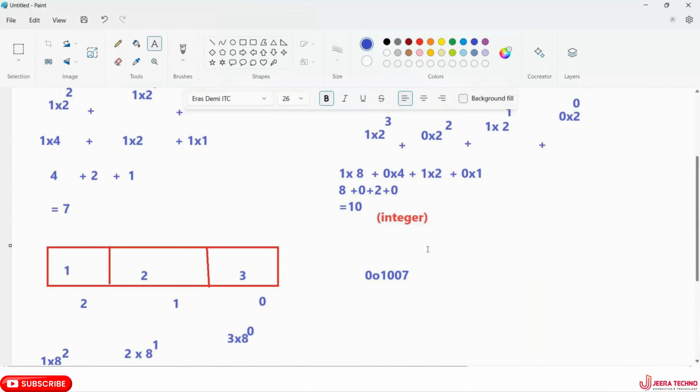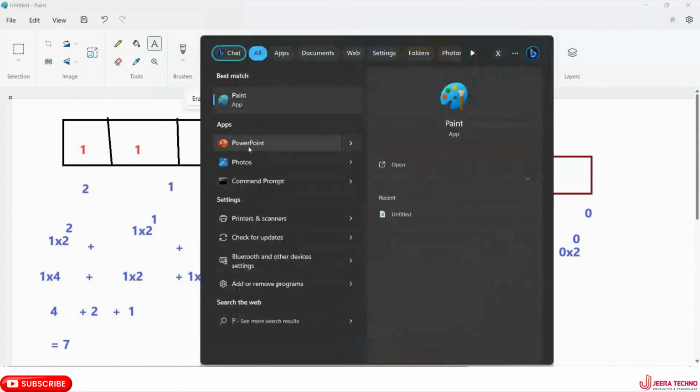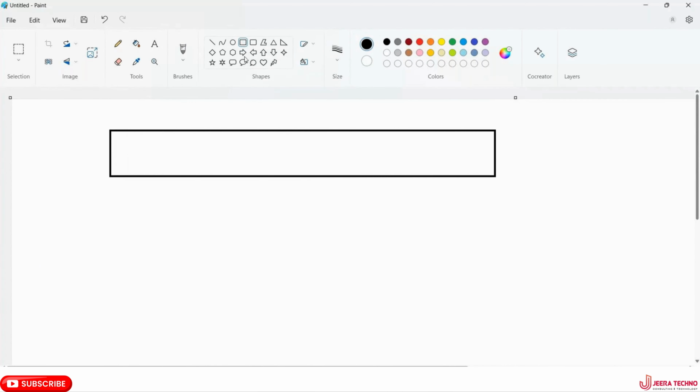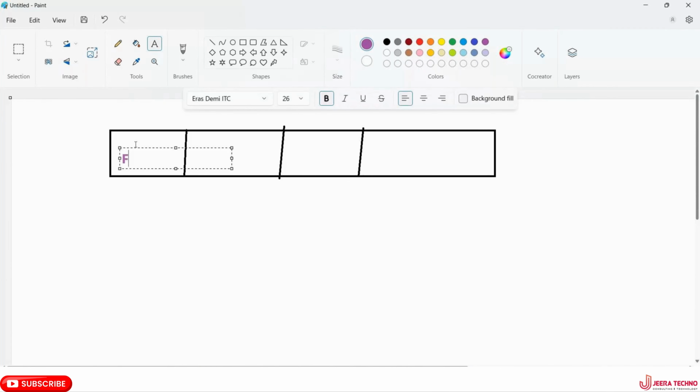We'll take one more example so that it is understood. What are the values here? We have four letters: 1, 2, 3, 4. Now what value do you get? Face, right? F, A, C, E. What is the starting number here? 0, 1, 2, then 3.